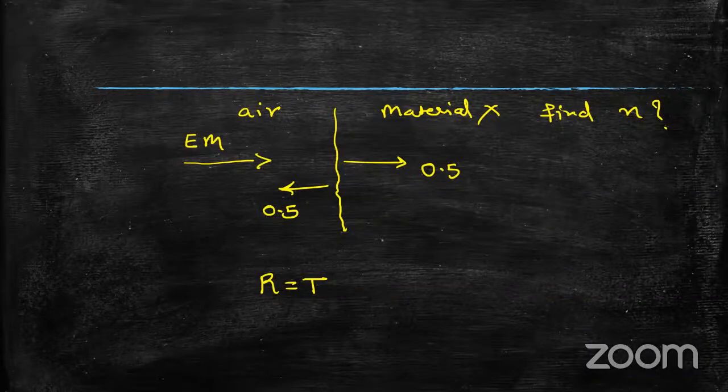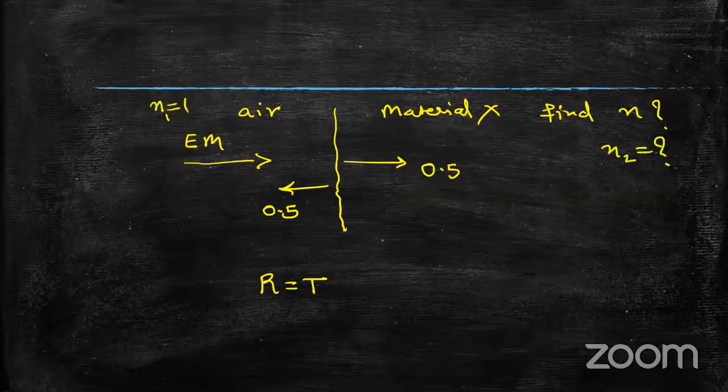You don't know N2 and N1. Sorry, N you don't know. This N is basically, you can take it as 1. So your N1 is 1 and you have to find N2, where R is equal to T is the condition given to you.